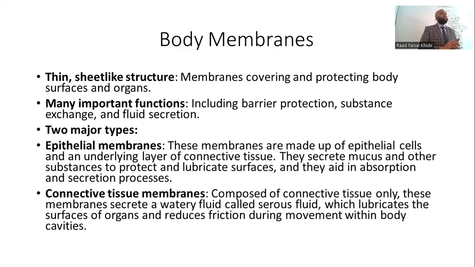Epithelial membranes are made up of epithelial cells and an underlying layer of connective tissue. They secrete mucus and other substances to protect and lubricate the surfaces, and they aid in absorption and secretion processes. The connective tissue membranes are composed of connective tissue only.